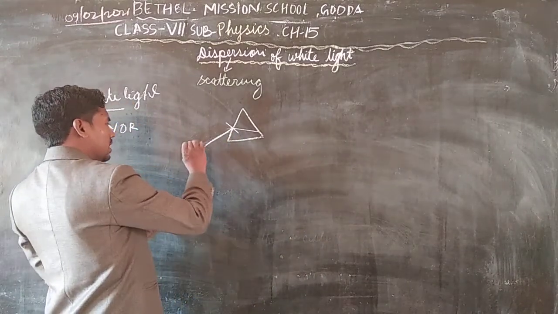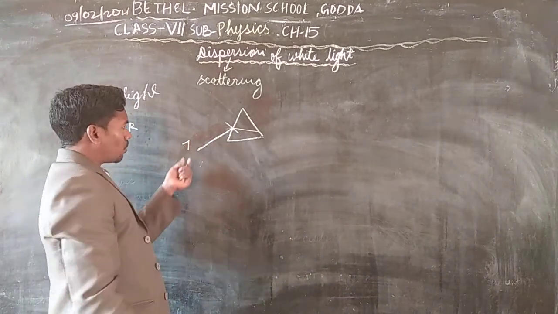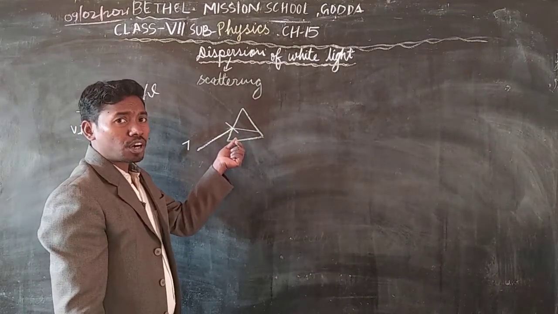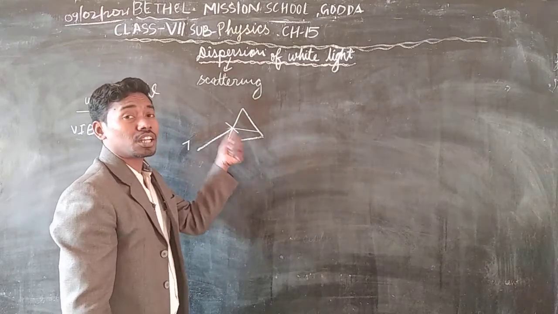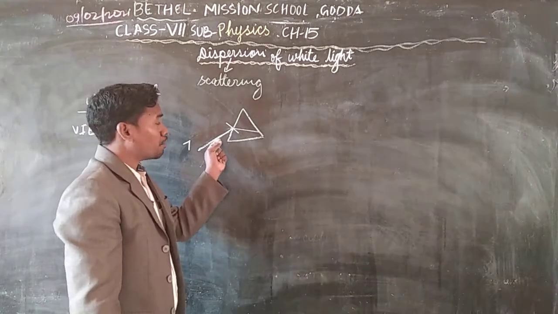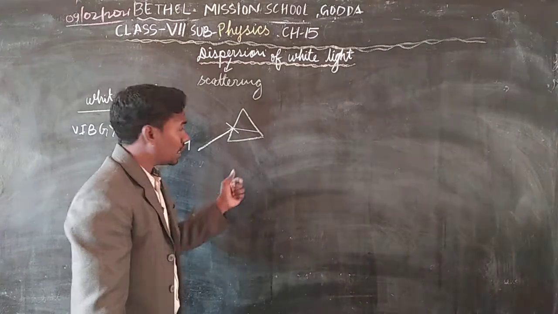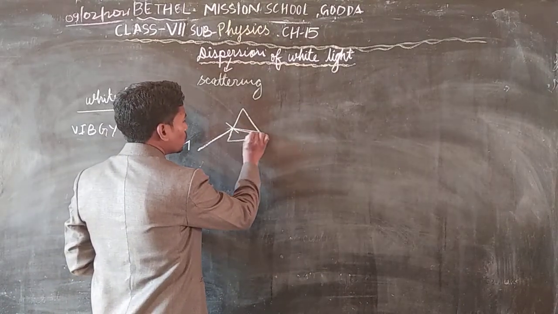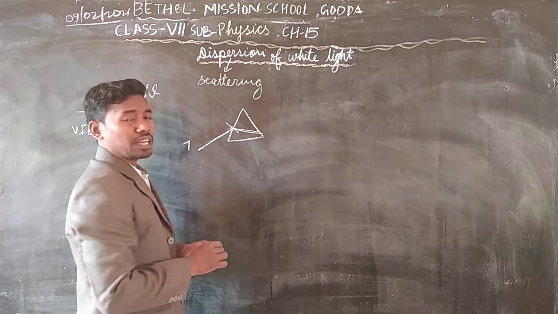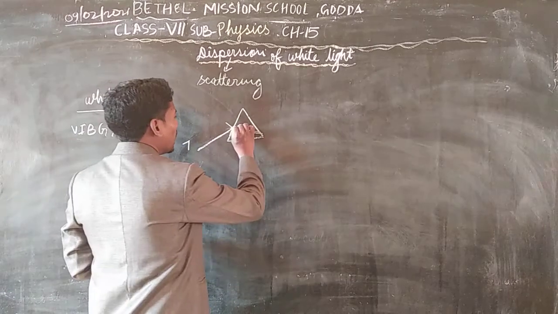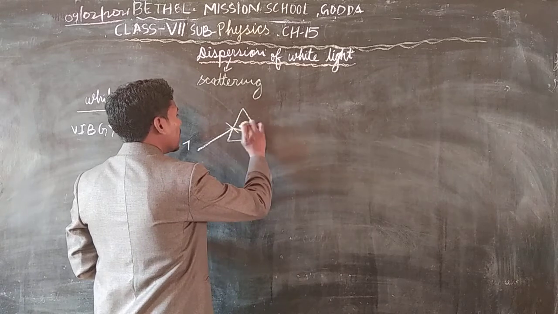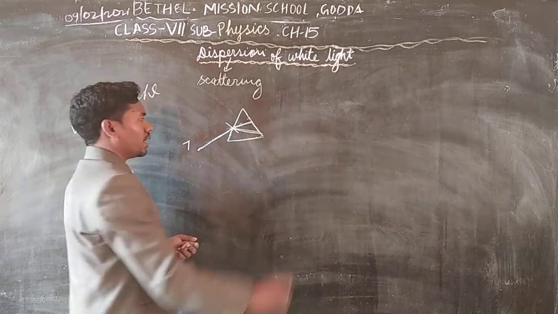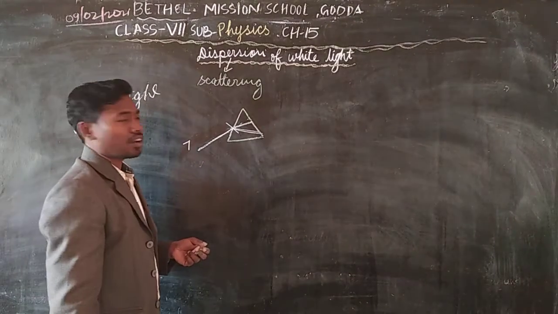As I said, there are 7 colors of light present here. Since each color is different, each bends in a different way. Some bend more, some bend less. The most bending light is violet, and the least bending light is red.